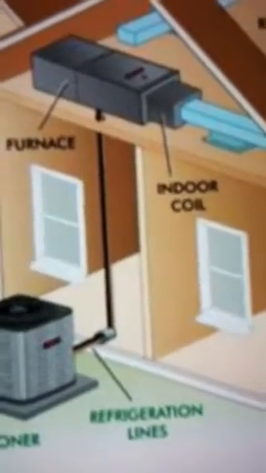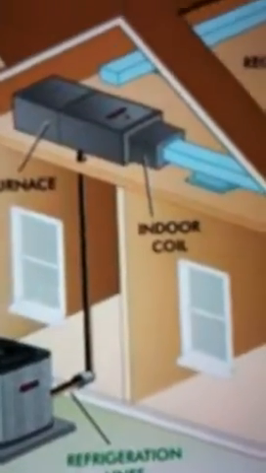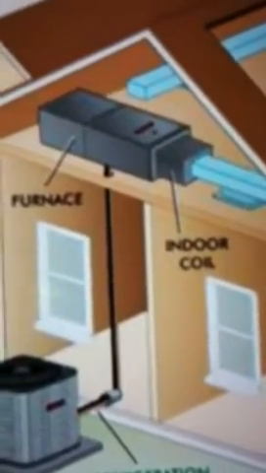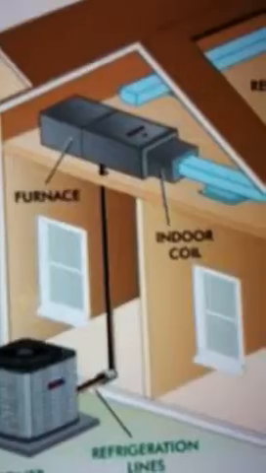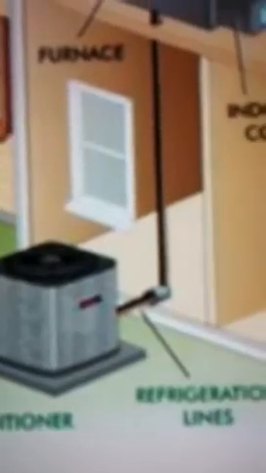The expansion valve represents the anterior pituitary gland because it monitors liquid refrigerant from moving into the evaporator. And the evaporator represents the thyroid gland. And the refrigerant represents TSH.